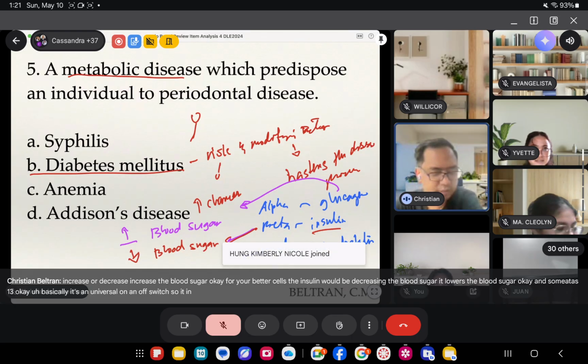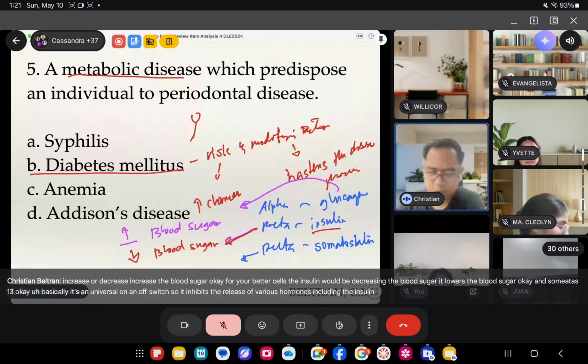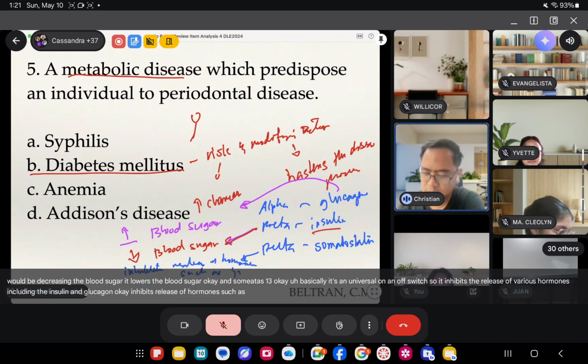So it inhibits the release of various hormones, including insulin and glucagon. It inhibits release of hormones such as insulin and glucagon.